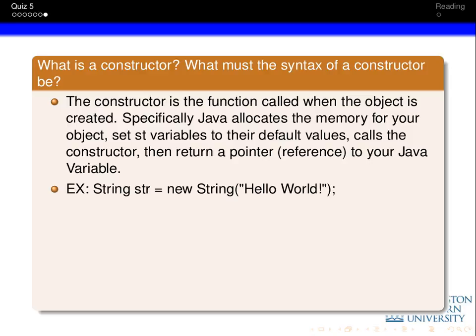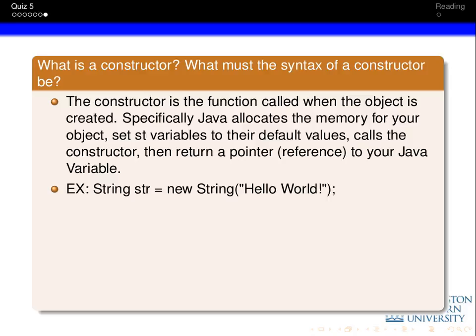All right, the constructor is a function called when the object is created. Specifically, Java allocates the memory for your object, sets the variables to their default values, calls the constructor, and then returns a pointer reference to your Java variable. Example: String str equals new String("hello world").